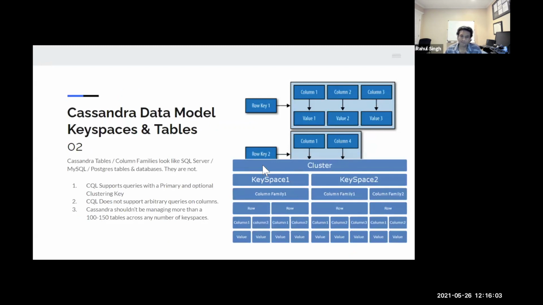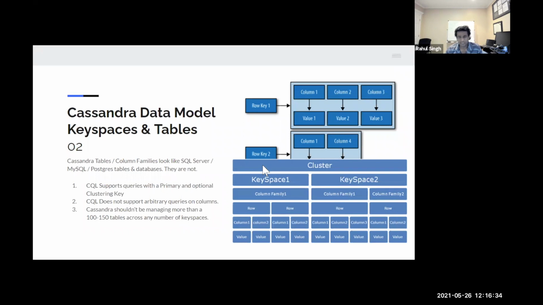Quick recap of the data model, and we're going to talk about key spaces in terms of the physical data center. So it's good to understand how the data is organized. So ultimately, under the hood, Cassandra stores data as key values, and those key values are organized by rows, and those rows are organized by partitions, and those partitions are in a table or a column family. Nowadays, we just call them tables.